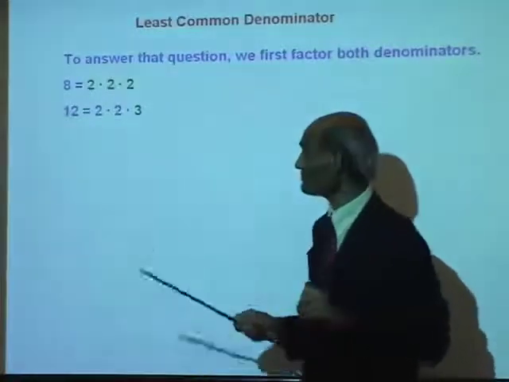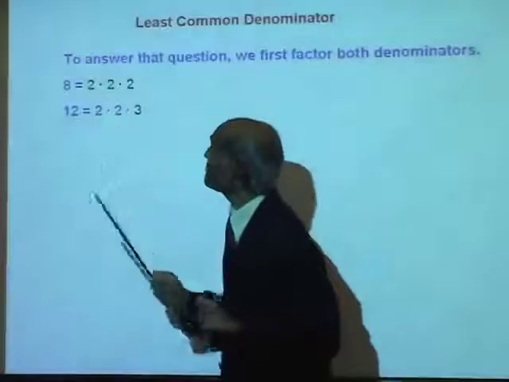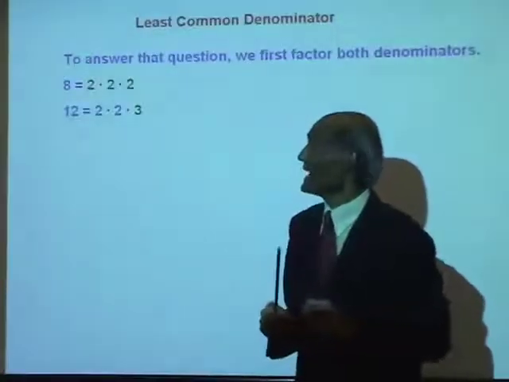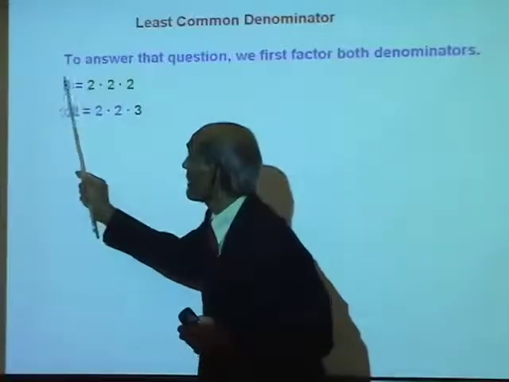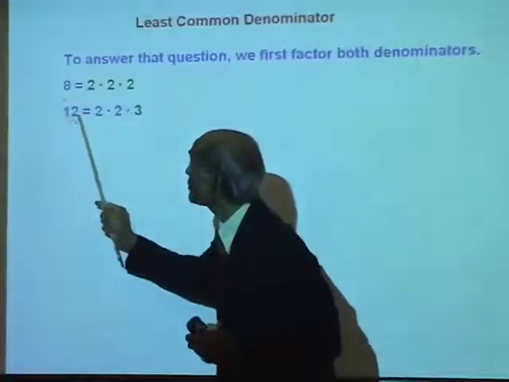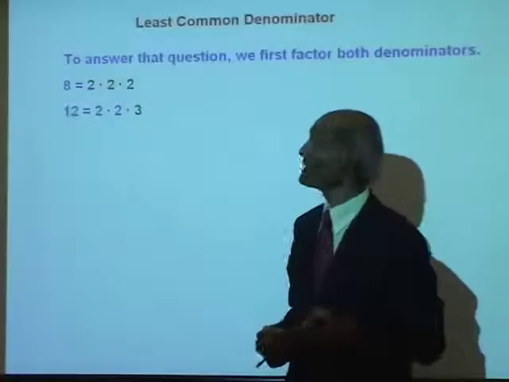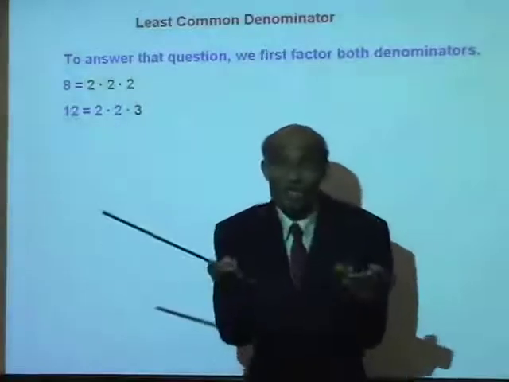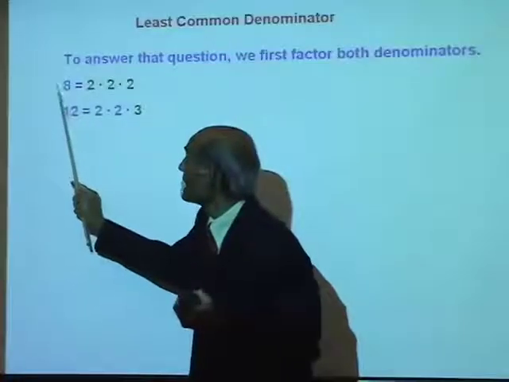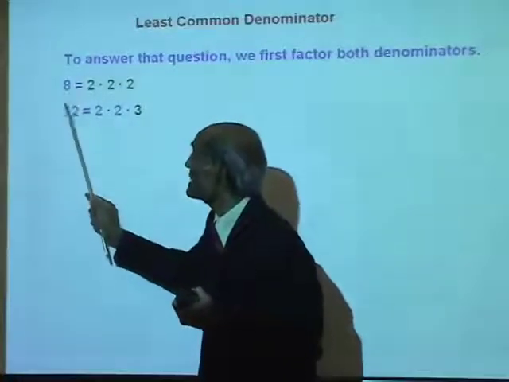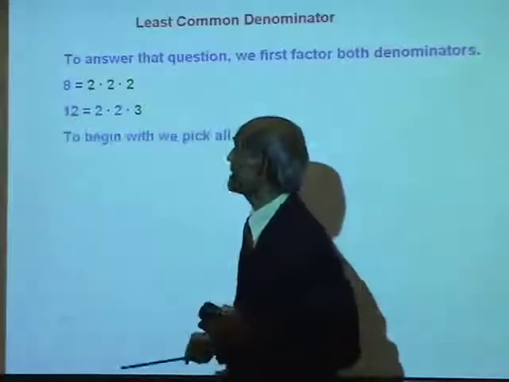Is that right? Now, how do we pick a number that can be divided by 8 and also divided by 12? We are looking for a common denominator, and that common denominator should be a number that can be divided by 8 and also by 12.